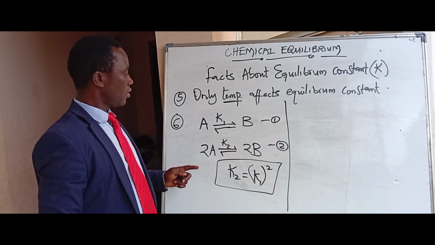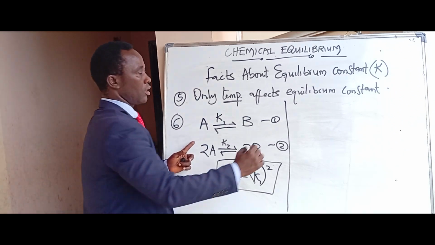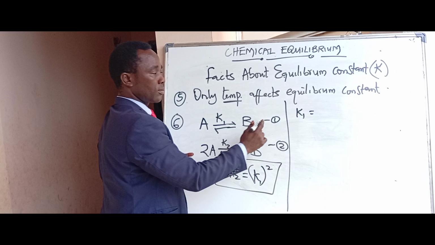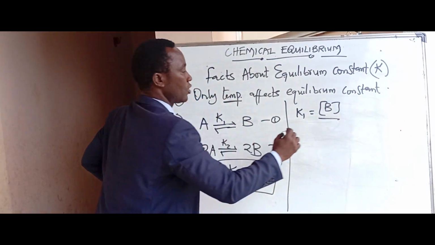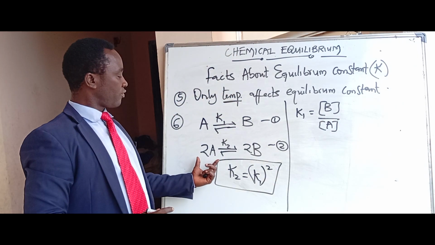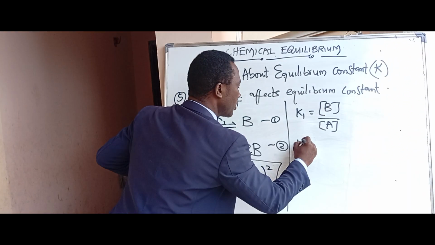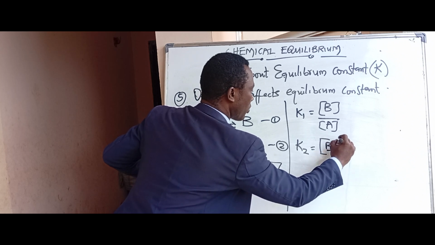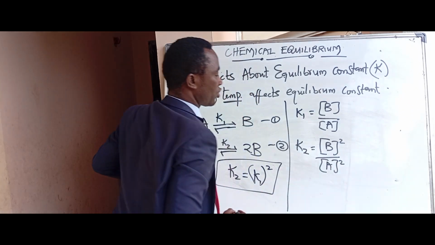For example, if you want to write the equilibrium constant for this reaction, K1 is equal to the concentration of product B divided by the reactant, which is A. Then if we want to write the equilibrium constant for the second reaction, that is K2, K2 is equal to concentration of B raised to power 2 over concentration of A raised to power 2.